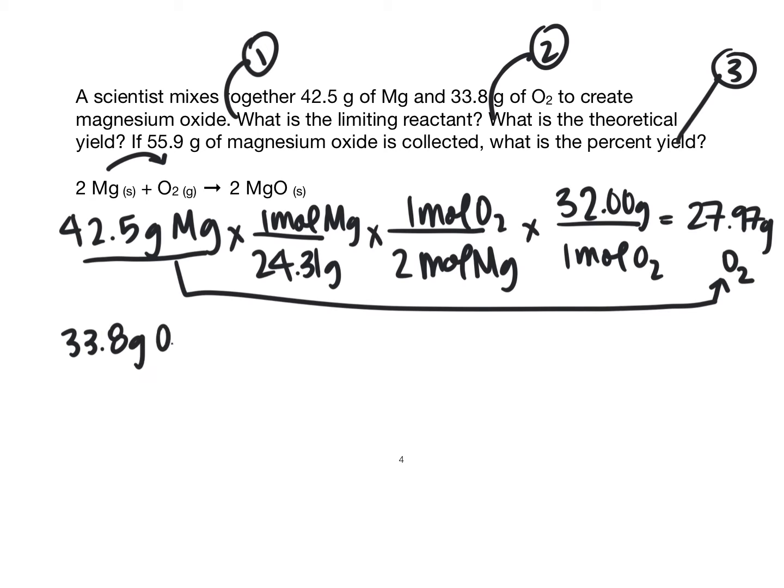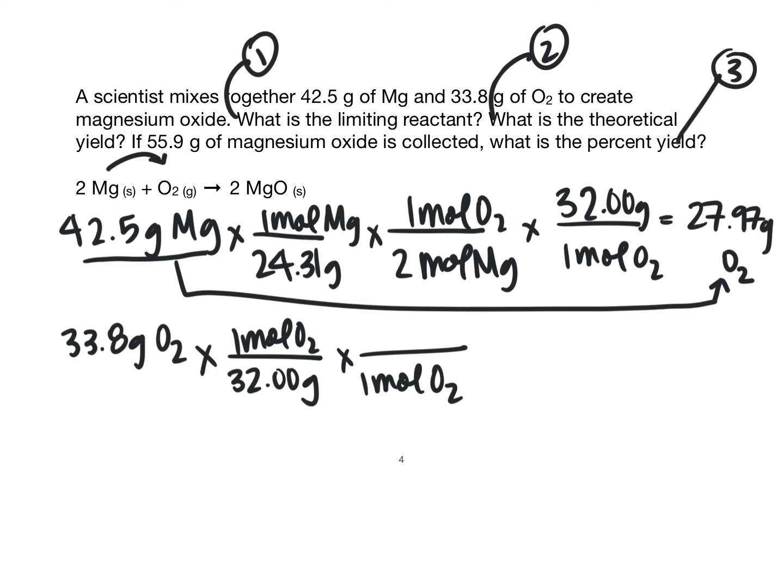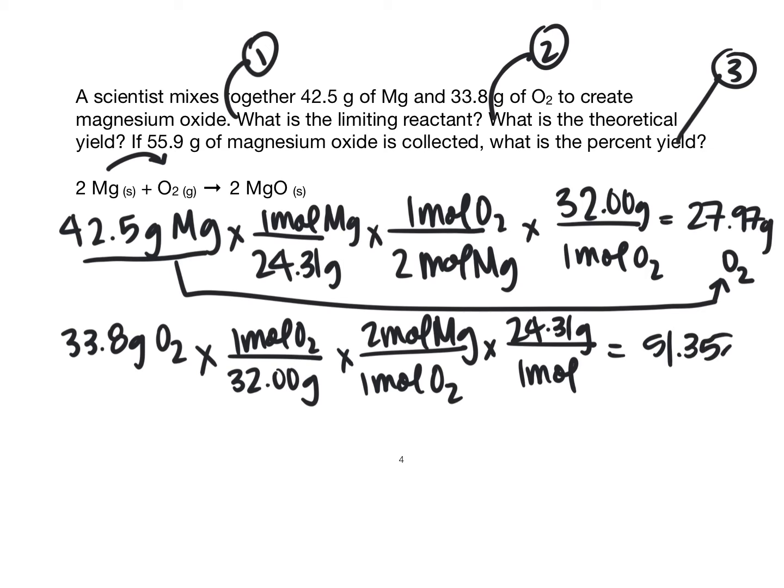33.8 grams of O2 divided by 32.00 grams in 1 mole of O2. 1 mole of O2 is 2 moles of magnesium, and magnesium is 24.31 grams in 1 mole. And so that requires 51.35 grams of magnesium.